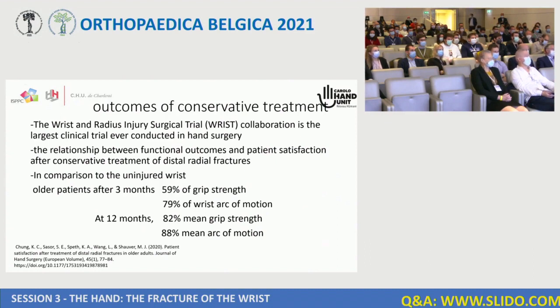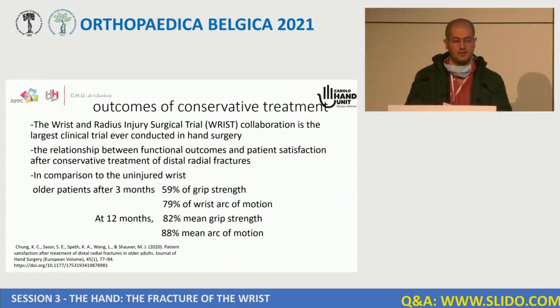They did the comparison with the uninjured wrist, and they concluded that the older patients, after 3 months of conservative treatment, were satisfied upon recovering 59% of grip strength and 79% of wrist arc of motion. And at 12 months after conservative treatment, we have a recovery of the grip strength by 82%, and the mean arc of motion is 88% of normal.